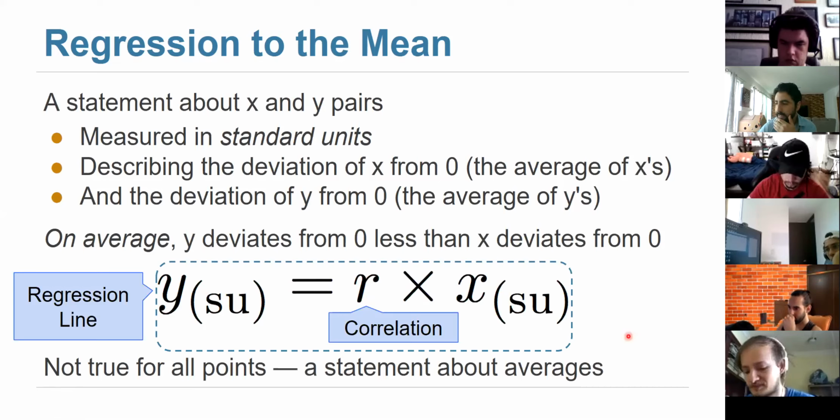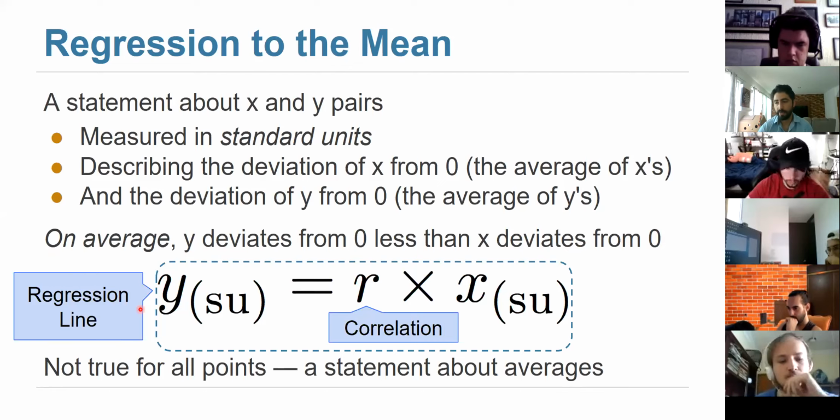But considering this equation, you know R is between -1 and 1, right? That's the thing we already talked about. So, considering R is between -1 and 1, you can say that on average, Y deviates from 0 less than X deviates from 0. It's an obvious conclusion from these equations.